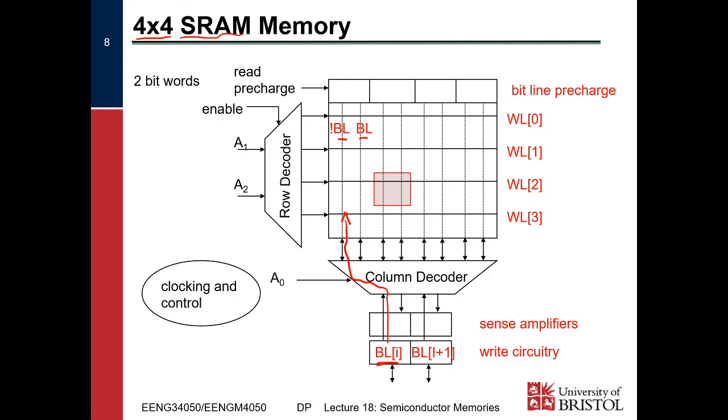So the job of the column decoder is to set up the bit lines correctly from our write circuitry, and the address of the column decoder tells it which column to put that data onto. The row decoder just enables one of the cells on a column. So in this case, it's enabled this cell here.